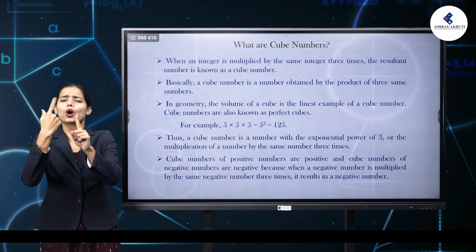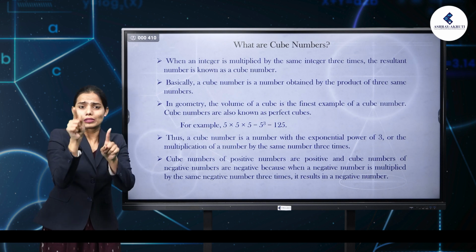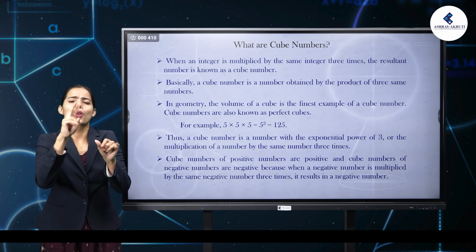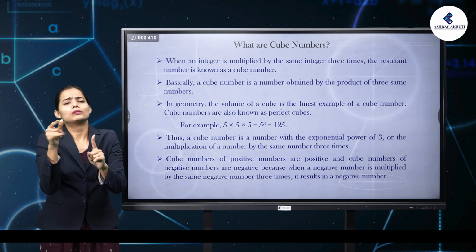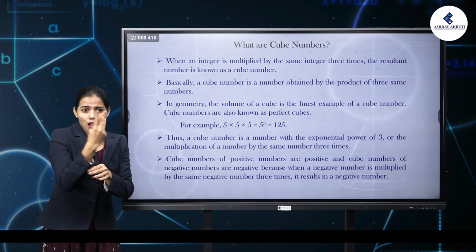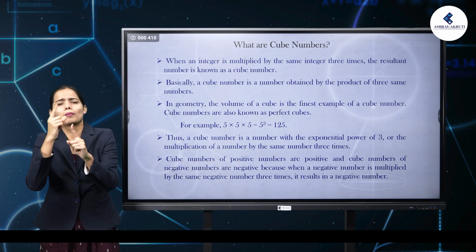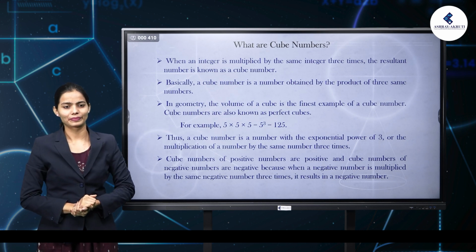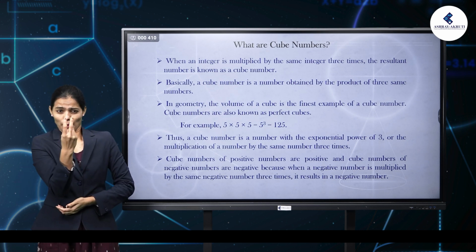Cube numbers of positive numbers are positive and cube numbers of negative numbers are negative, because when a negative number is multiplied by the same negative number 3 times, it results in a negative number.